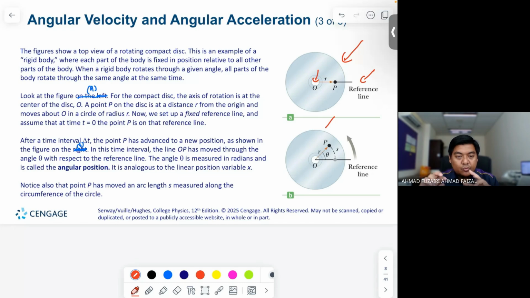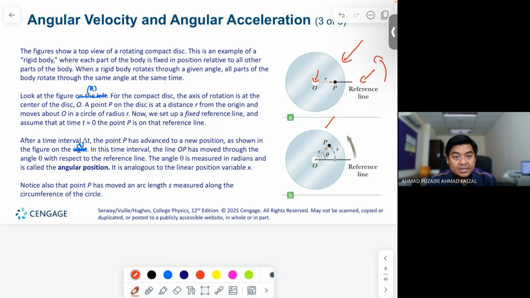When it rotates, regardless of counterclockwise or clockwise, in this case it rotates clockwise. From the reference line, let's draw one point as point P, a point P on the disc at a distance r.